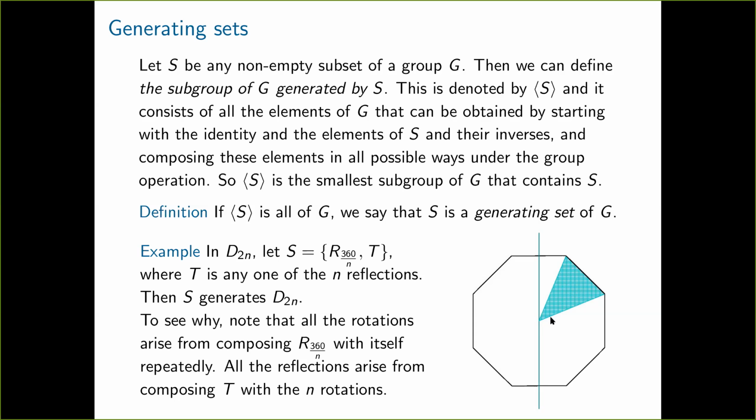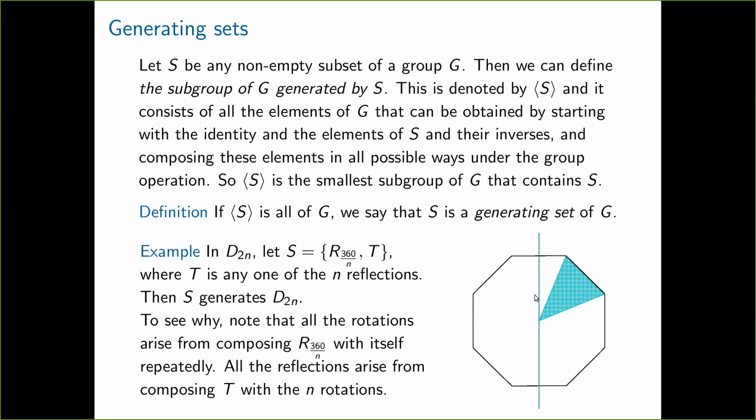What's shown here is just like 1/8 of the octagon. So a rotation through 2 pi over 8 would sort of move this point 1 step counterclockwise, and the same for all the others, and all the powers of that rotation are further rotations. So the assertion is that if we take the subset consisting of a rotation through 2 pi over n or 360 over n, so for the octagon it would be 1/8 of a full rotation, and the reflection t.